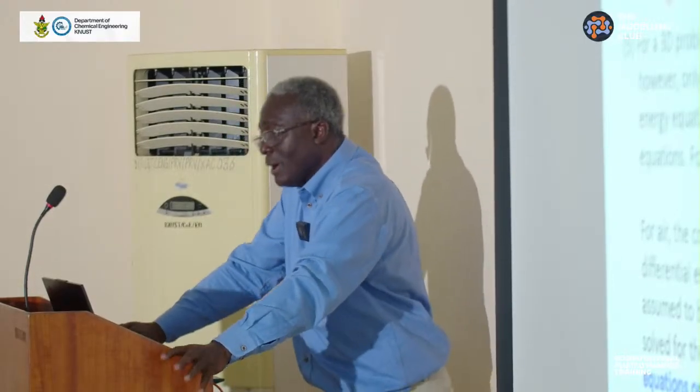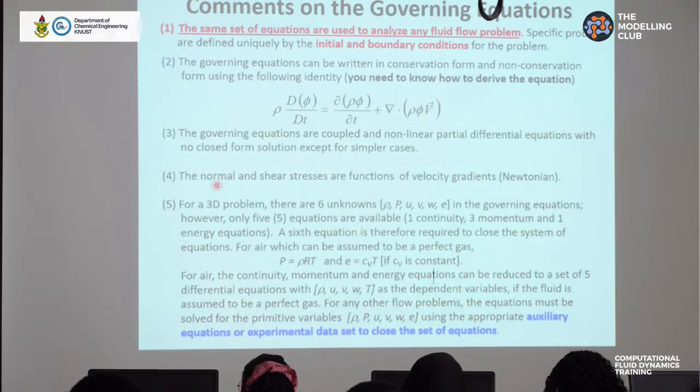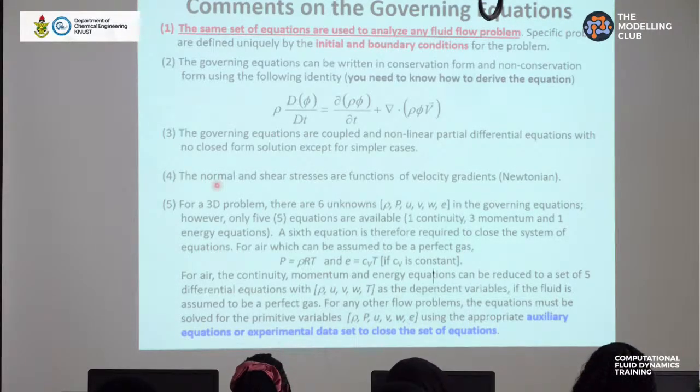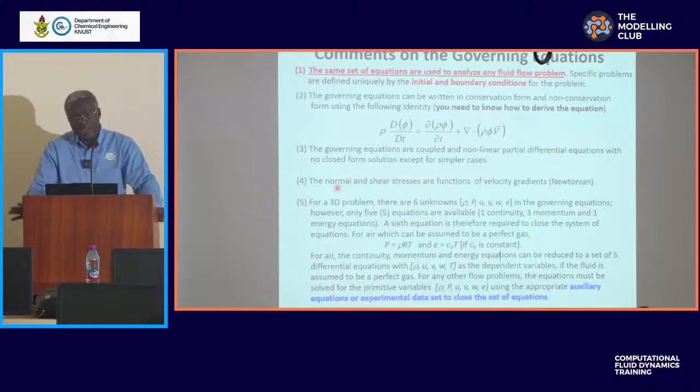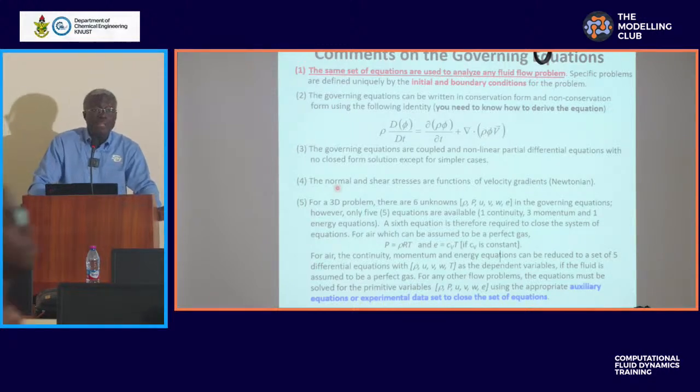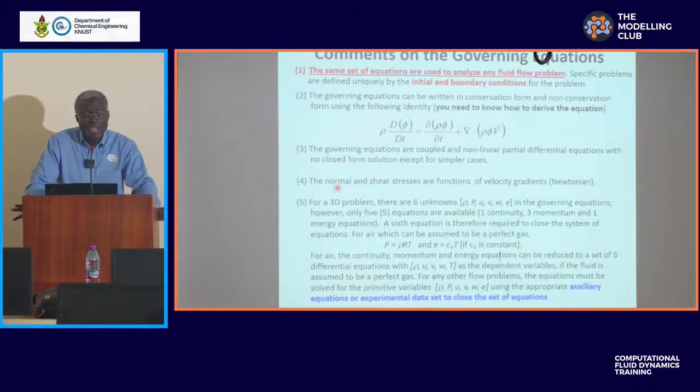Some general comments here before I go into the boundary conditions. The same set of equations are used to analyze any fluid problem, water, air, any fluid. Now the specifics of the problem boil down to identifying what your initial conditions and boundary conditions are.